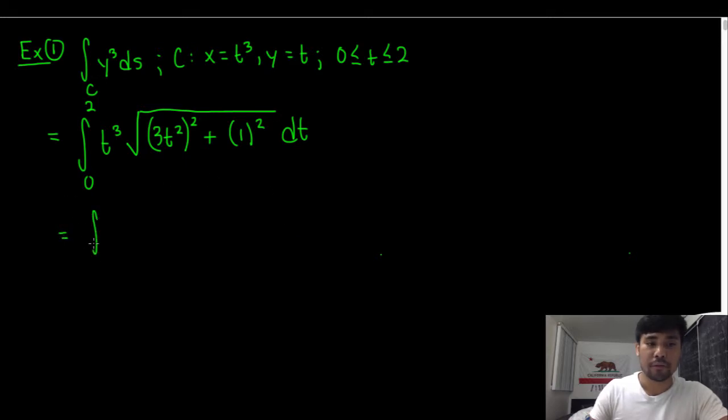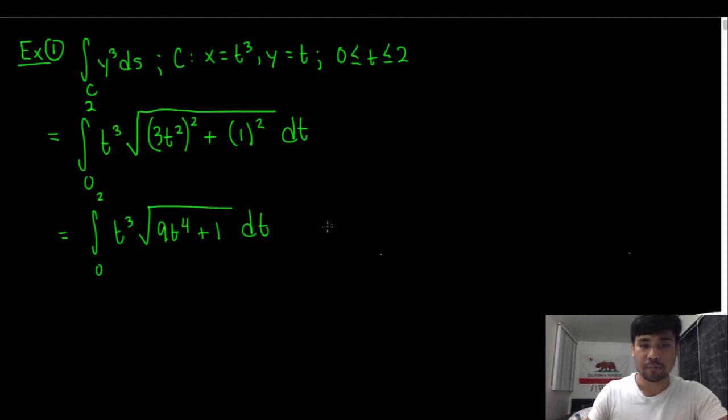Let's go through the arithmetic. We'll have t cubed times the square root of 9t to the 4th plus 1 dt. For the integration technique, let u equal the inside function, 9t to the 4th plus 1.